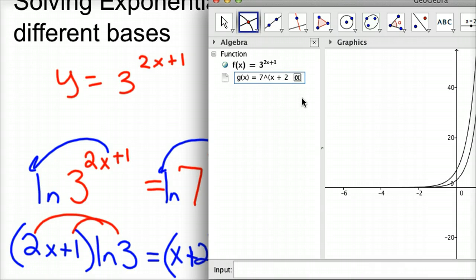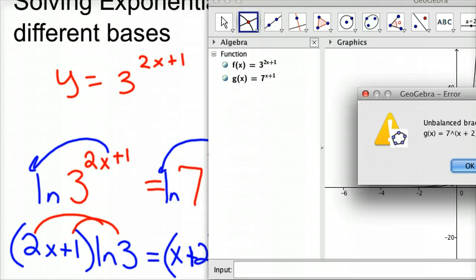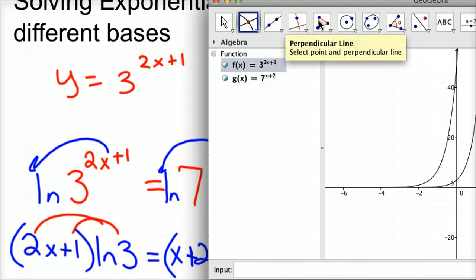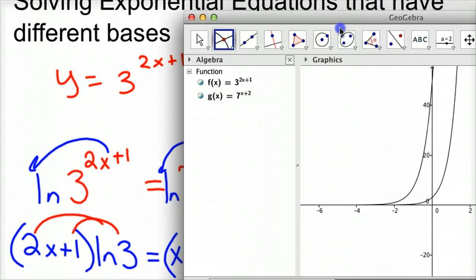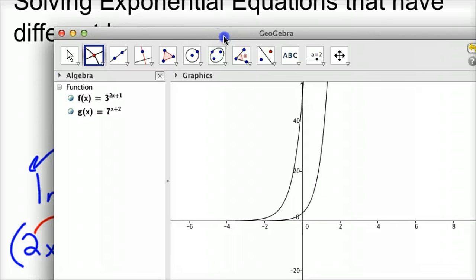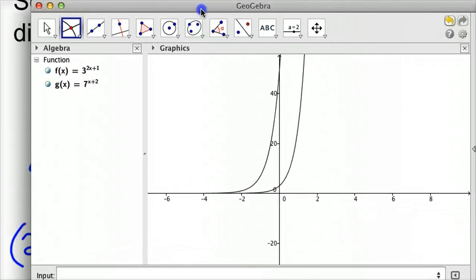I can tell everything's all messed up. Whoops, too many parentheses. Let me get in there. 7 to the x plus 2. Alright, let's see if we can get these two to meet.